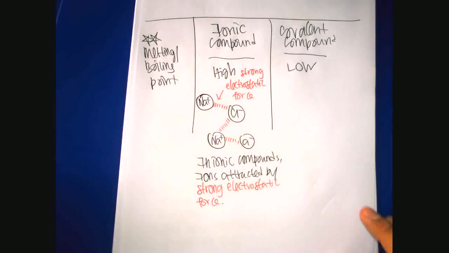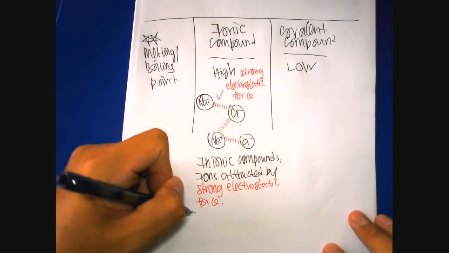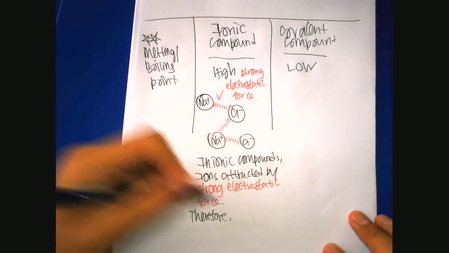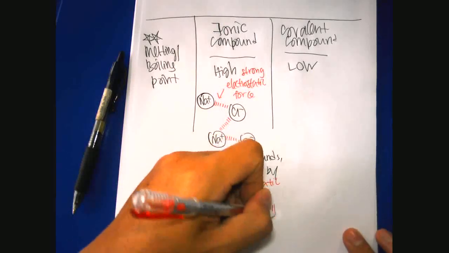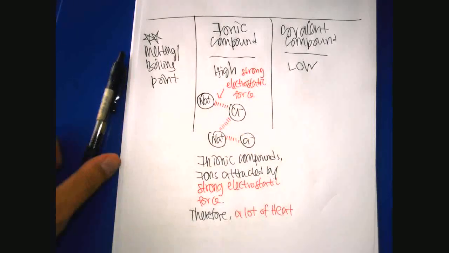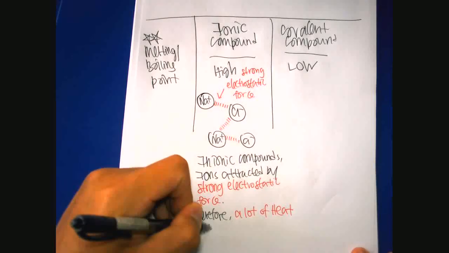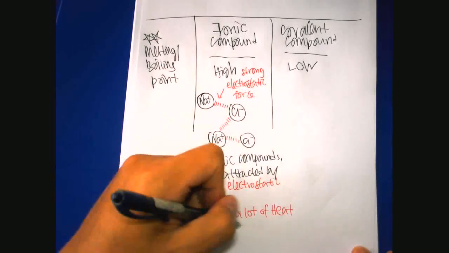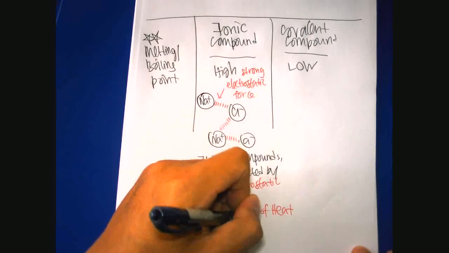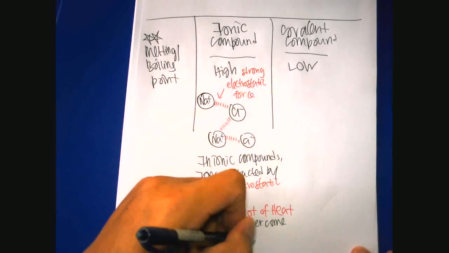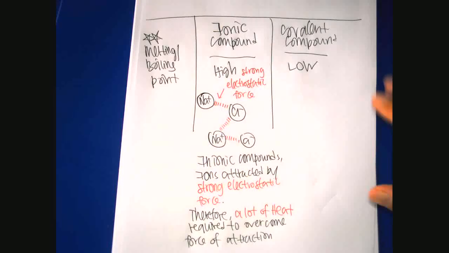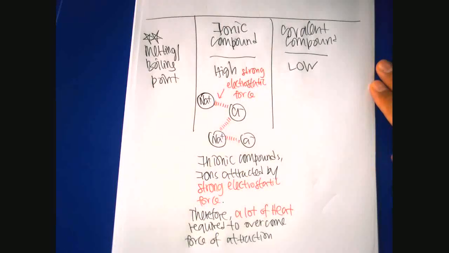So when they are attracted by very strong electrostatic force, therefore a lot of heat is needed or required to overcome the force of attraction. This is how you explain something regarding your ionic compound when you come to melting and boiling point.